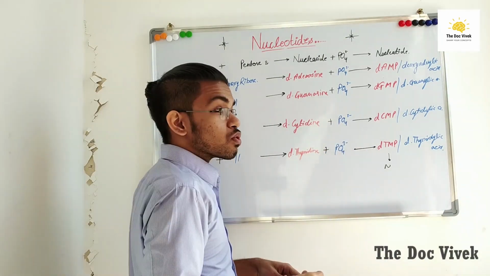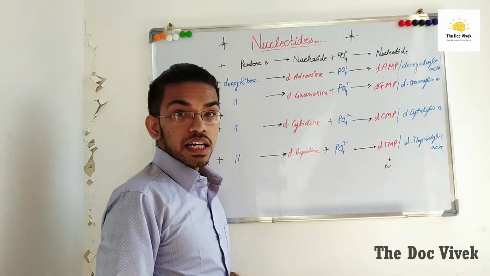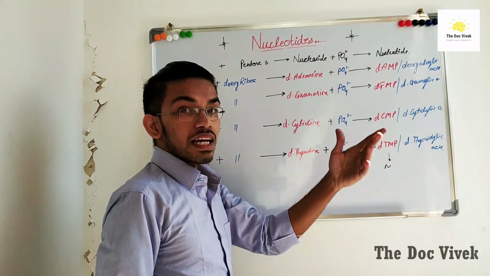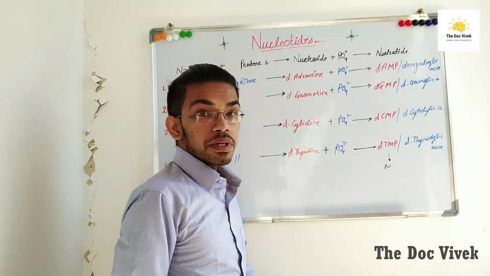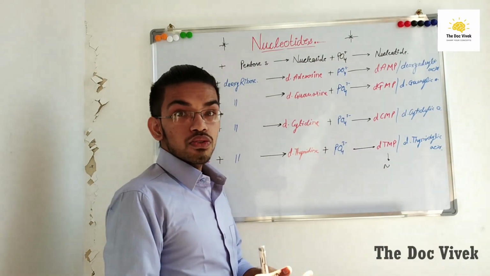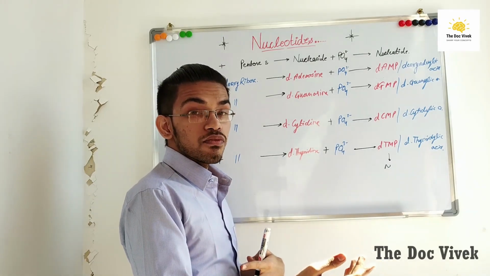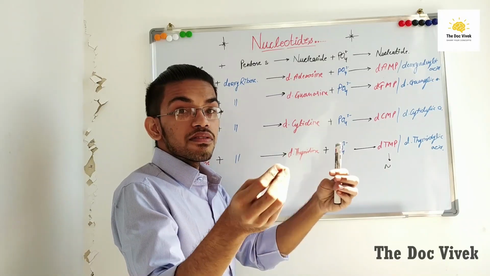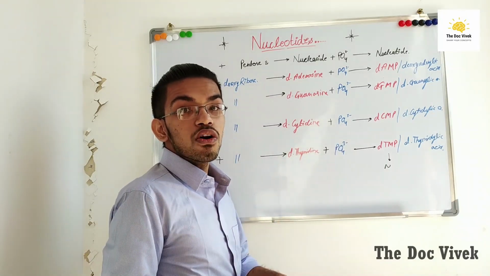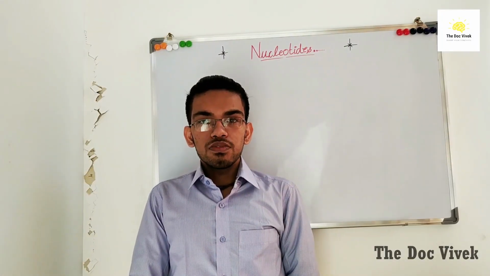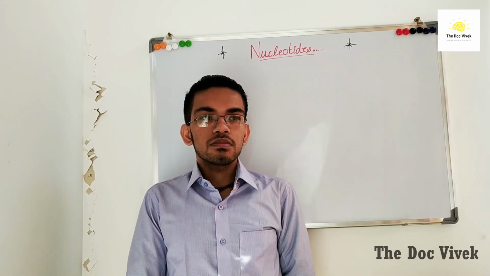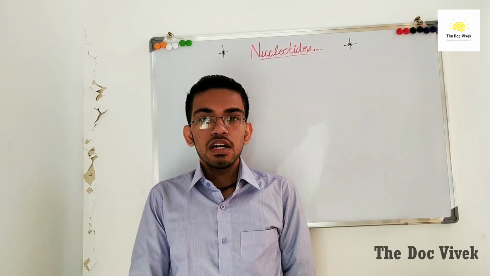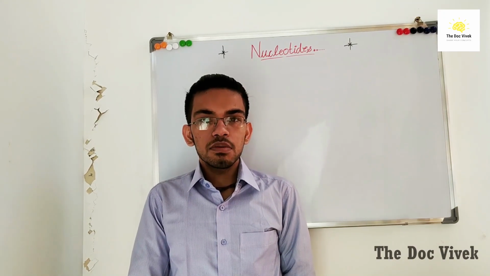Like in RNA synthesis, these inactive nucleotides like AMP, GMP, CMP and UMP are further phosphorylated to form the triphosphate form, which is the active form, and then these nucleotides are bonded to each other to form the RNA or DNA.